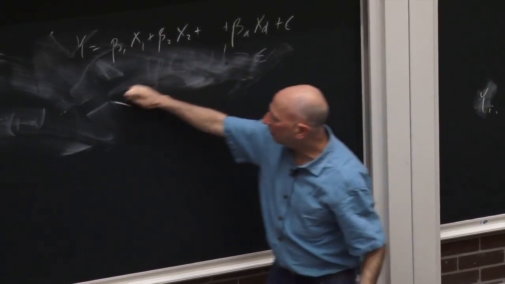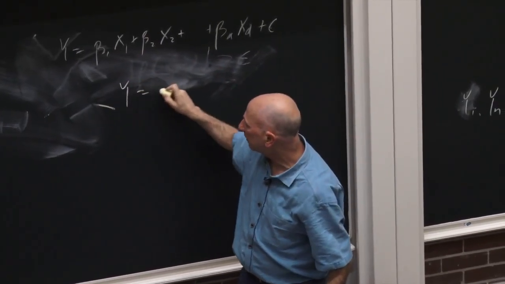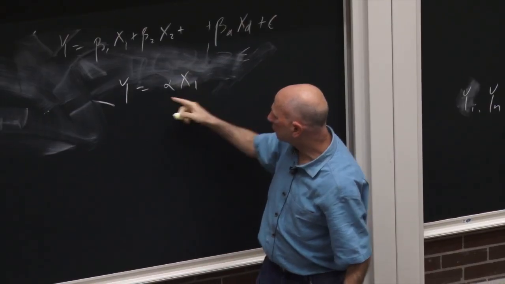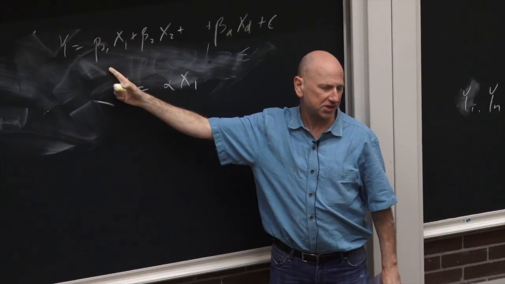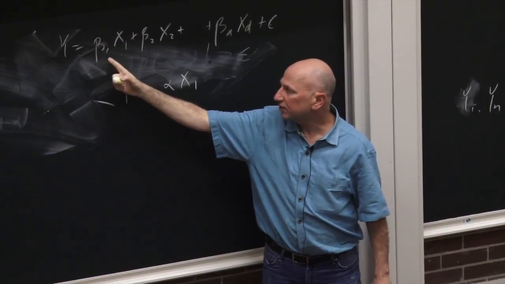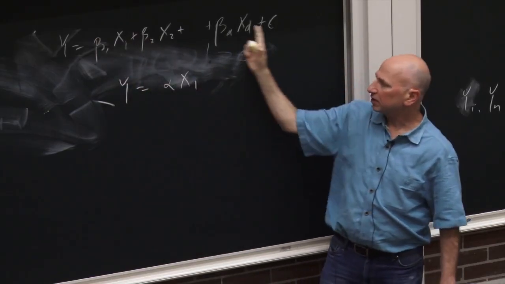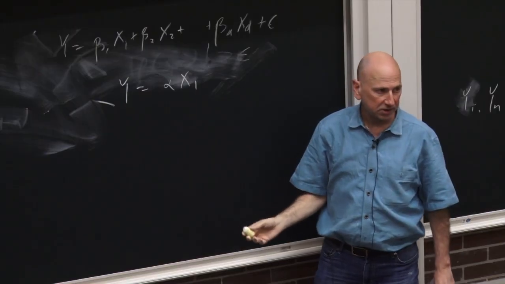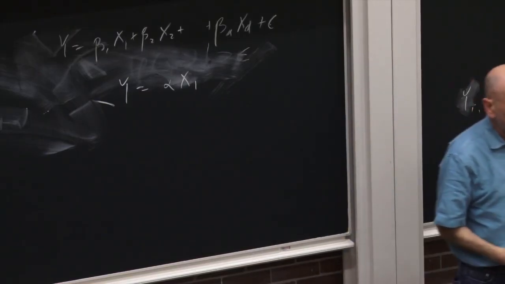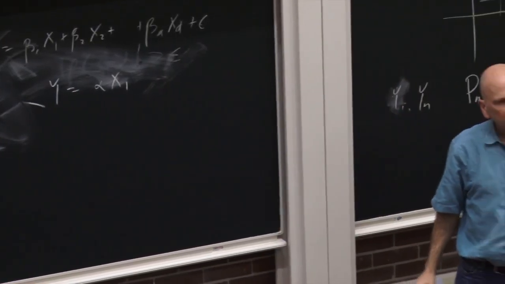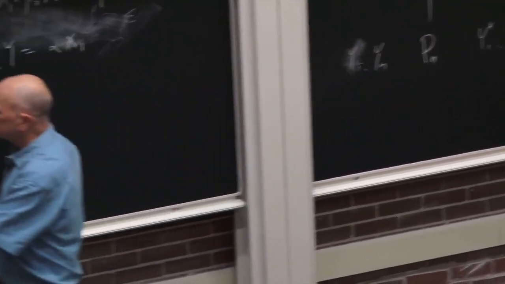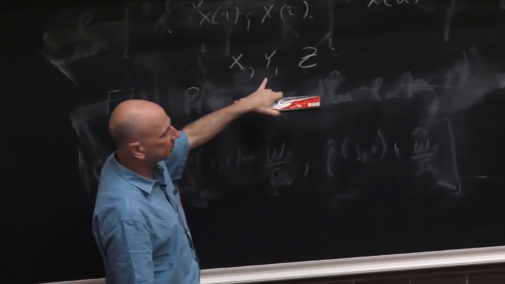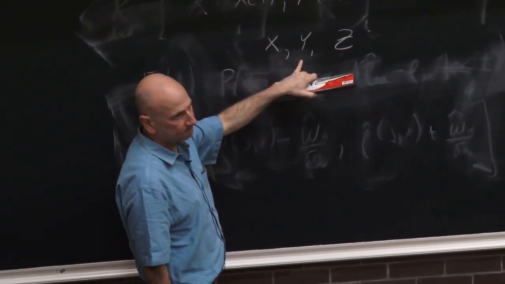If I just fit a marginal regression of just y on x1, I wouldn't get beta 1 out, right? It's not the same thing. Beta 1 is the relationship between y and x1, but controlling for all the other variables. It's the same between correlation and partial correlation. Partial correlation is saying, after accounting for as much as I can, after accounting for z, how much relationship is left between x and y?